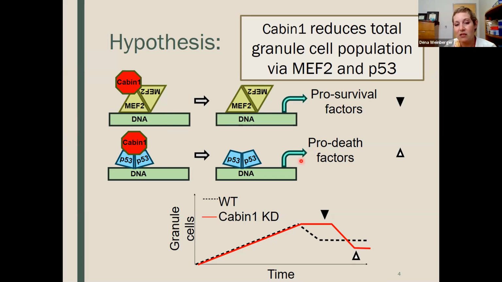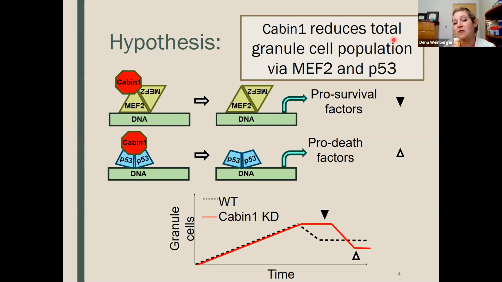These are all possibilities by which cabin could be regulating the population of granule cells, by altering the survival of populations of cells or altering the killing off of those cells. One of the advantages of working in the zebrafish for this specific question is that the null mutant in mice is embryonic lethal. So there's not a whole lot known about what cabin does in the mouse, and certainly not in a developmental context, because of this.